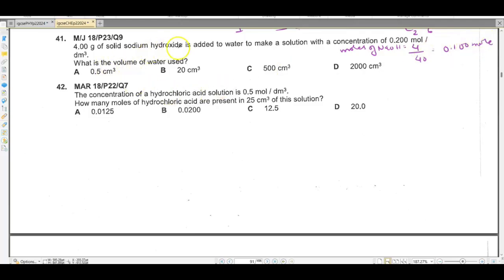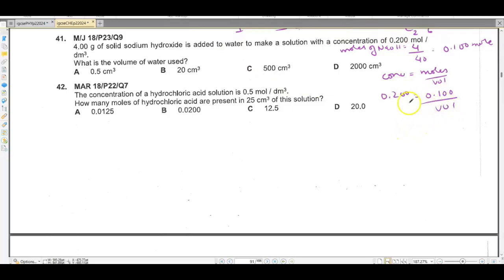Once we have the moles of sodium hydroxide and we have the concentration as well, the volume of the solution can be found by concentration is equal to moles by volume. So moles are 0.100, concentration was given as 0.200, and volume we are finding.